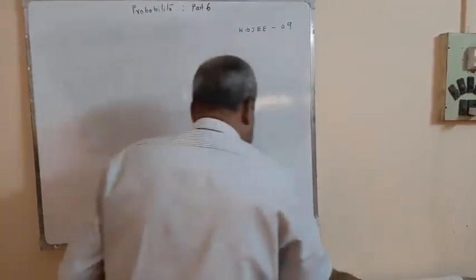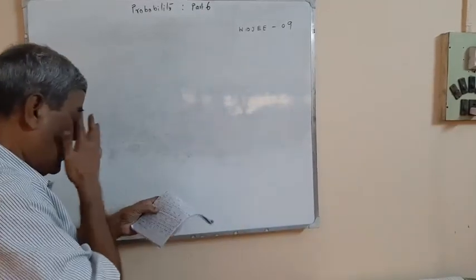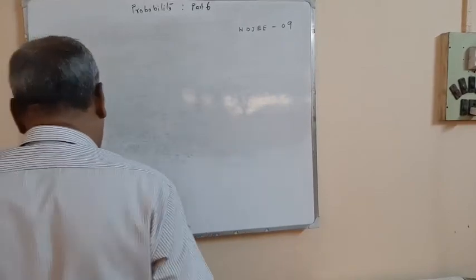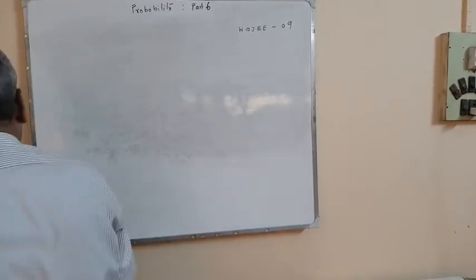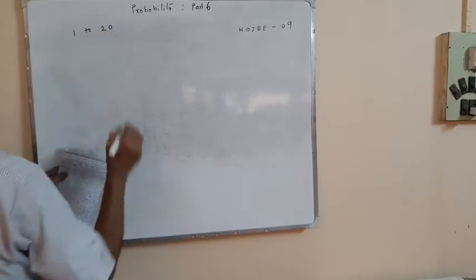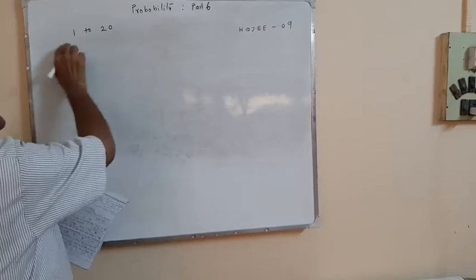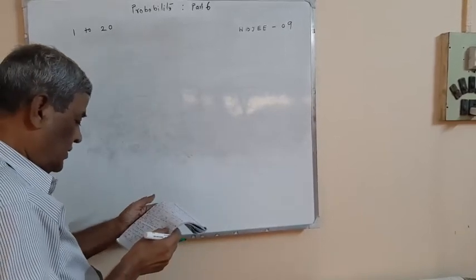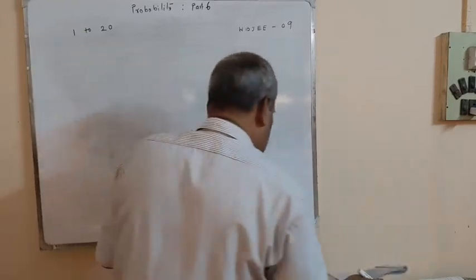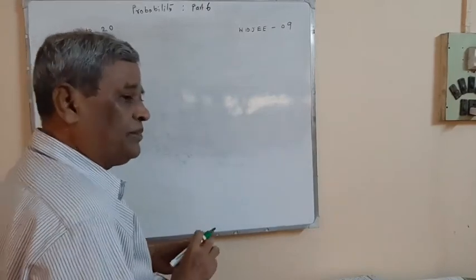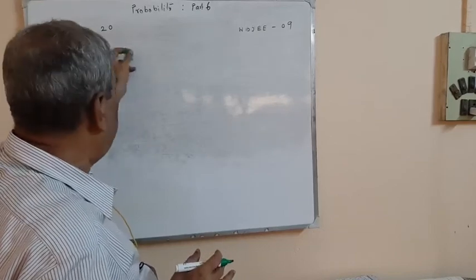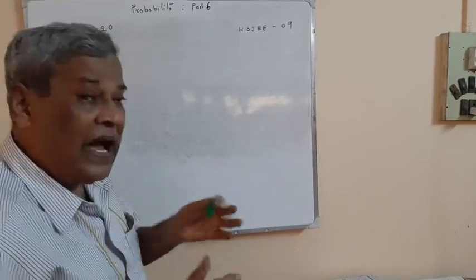Next we consider our next problem. The problem is: 3 numbers are chosen at random from 1 to 20. What is the probability that the numbers chosen are consecutive?